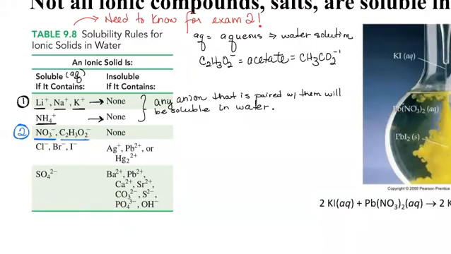So on rule number 2, if in your chemical formula you have nitrate or acetate, observe that it says none. What the word none means is that any cation paired with them will be soluble in water.